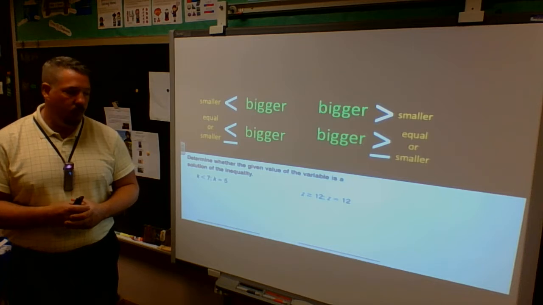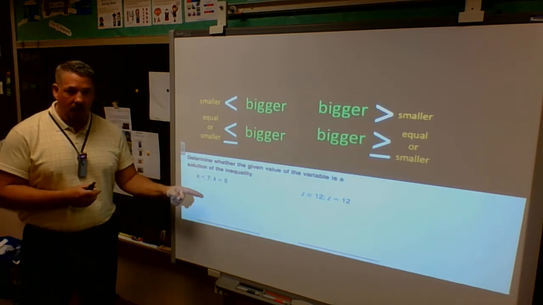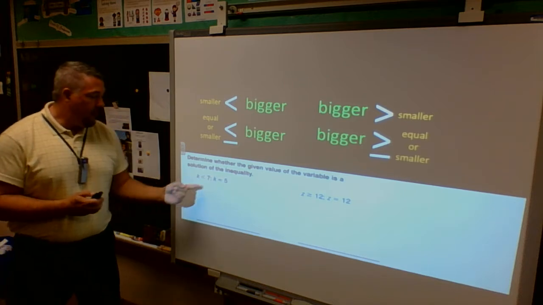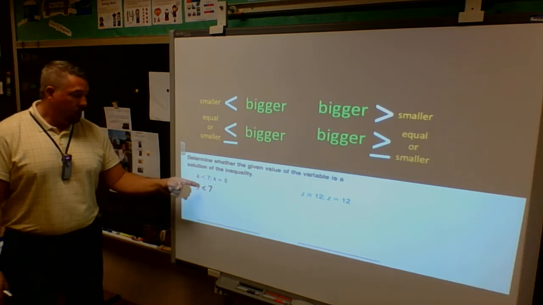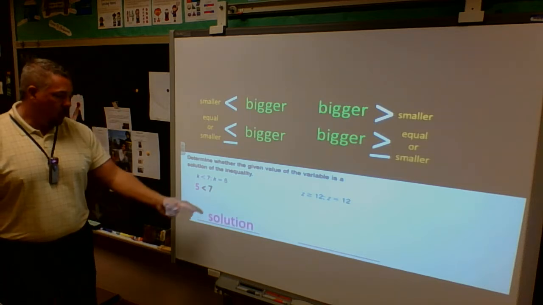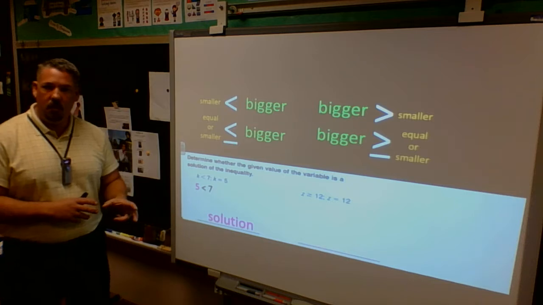So we're given the inequality: k is less than, because the arrow is pointing to it, 7. If I plug the 5 into that formula, is 5 less than 7? Yeah, it sure is. So I know that's a solution. Now here's the idea of the inequality.